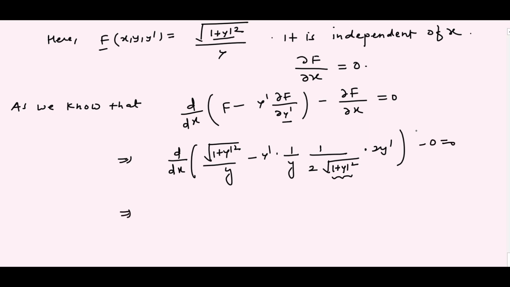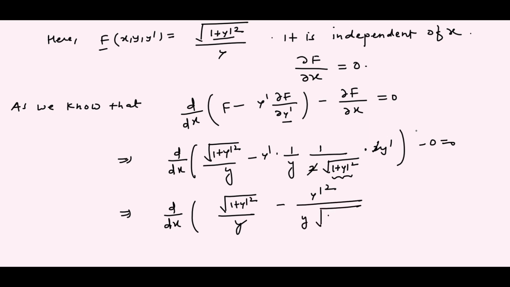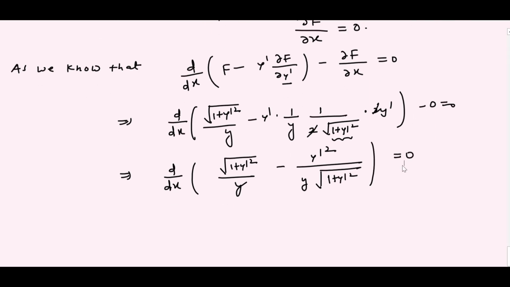So further d over dx. So it will give the square root of 1 plus y dash whole square over y negative, 2 get cancel out. It will give y dash whole square over y multiplied to the square root of 1 plus y dash whole square is equal to 0.